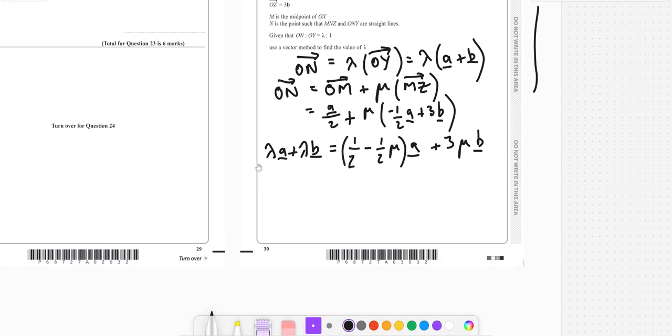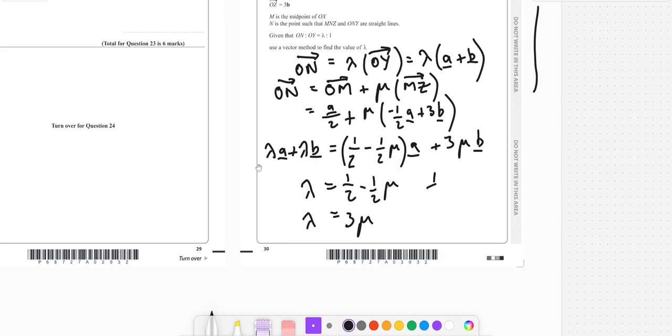So now comparing the A's and the B's, we've got lambda equals half minus half mu, and we've got lambda equals 3 mu. Now, although we actually want lambda, I think it's easier to rearrange this so that we get rid of the lambdas.